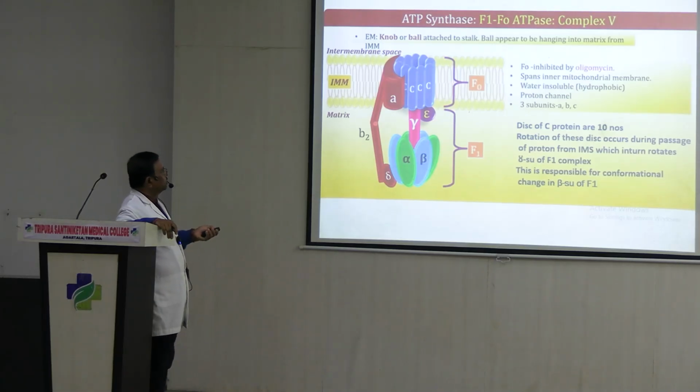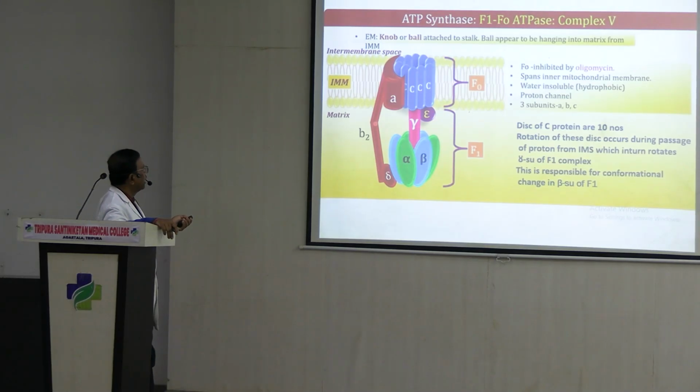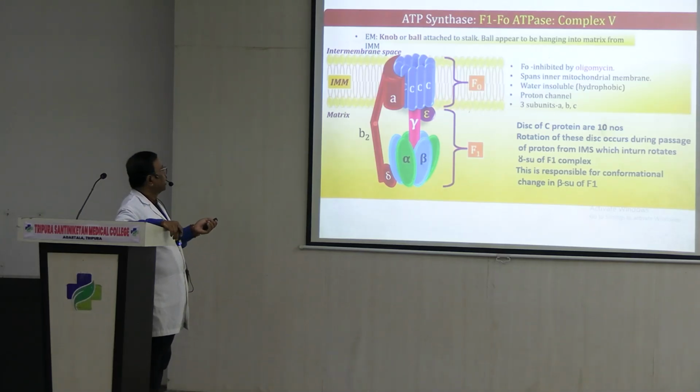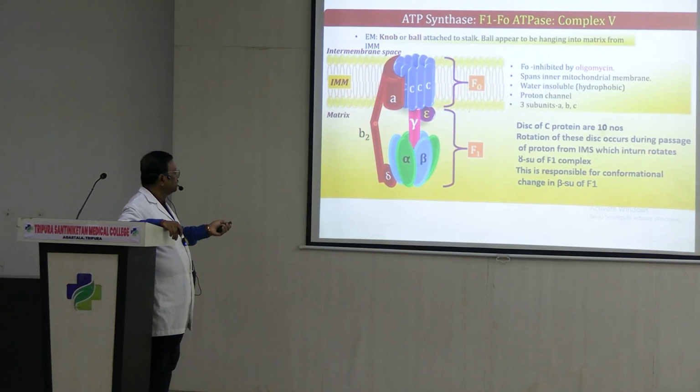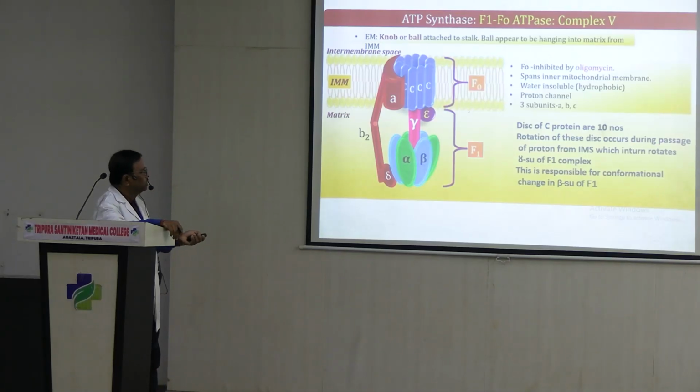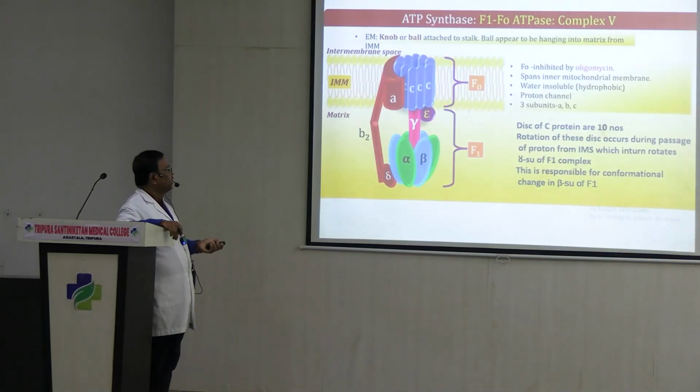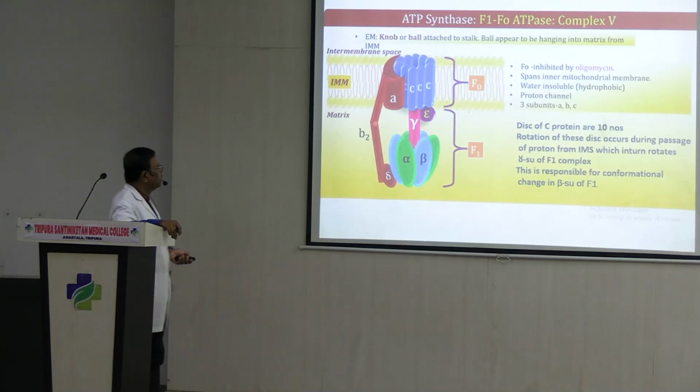Then it has 10 disc-like structures. They are arranged in such a way that they form a channel in the middle which allows protons to pass on. So these are the C protein discs. They are 10 in number and while protons pass through this, there is rotation of these discs during the passage of protons from the intermembrane space, which in turn rotates the gamma subunit.